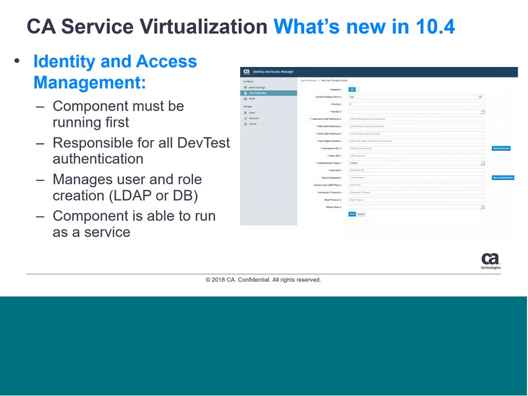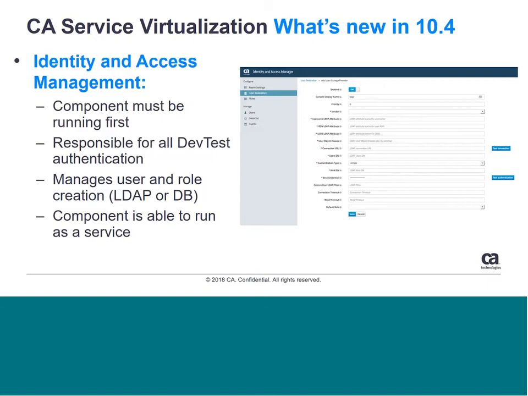Moving on to IAM, and I mentioned this a little bit earlier. We created a new service for IAM. Considering that IAM is our main identity and access management component, that component needs to start first. Initially we used to say start the dashboard first.